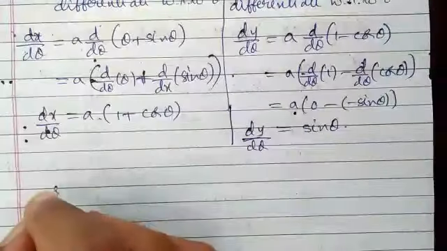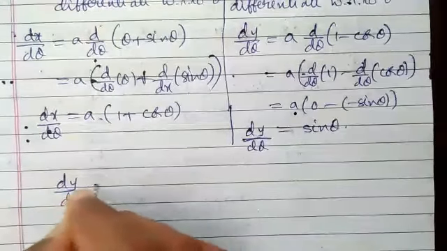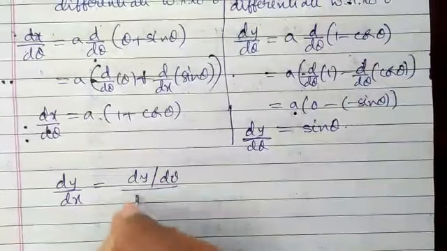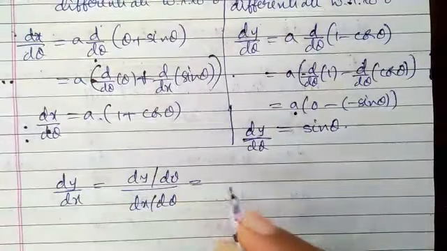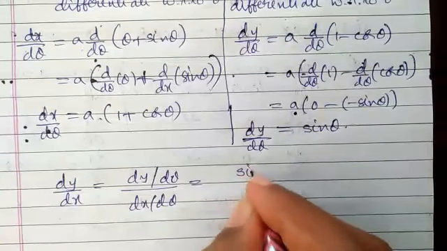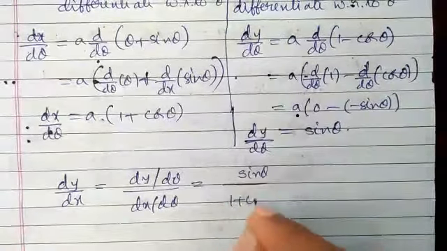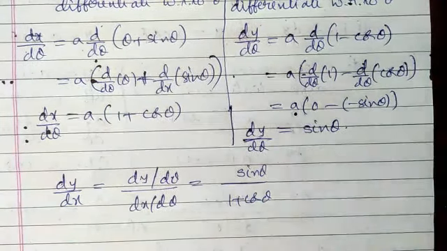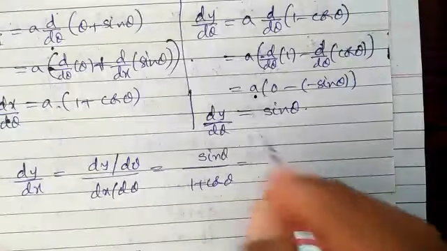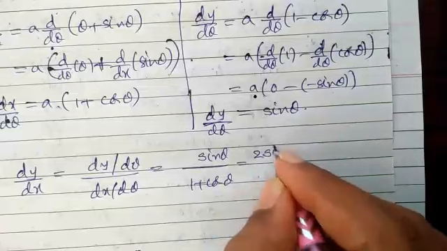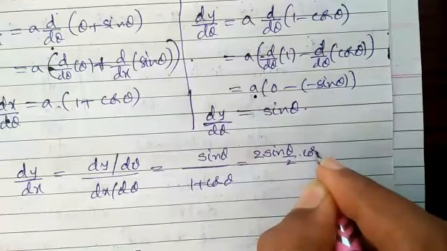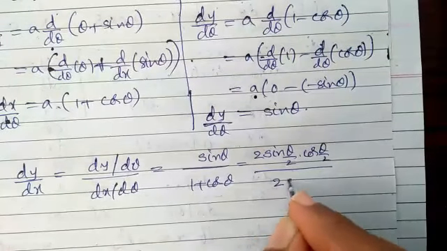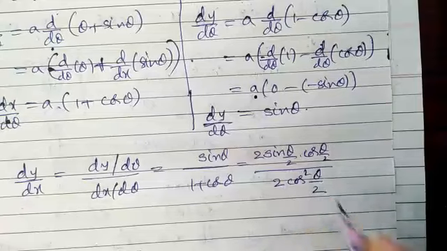So after calculating dx by d theta and dy by d theta, what do you do, guys? Find dy by dx, which is dy by d theta divided by dx by d theta. That means sin theta by 1 plus cos theta. In the submultiple angle condition, we have formulas in trigonometry. Sin theta can be written as 2 sin theta by 2 into cos theta by 2, and 1 plus cos theta can be written as 2 cos square theta by 2.